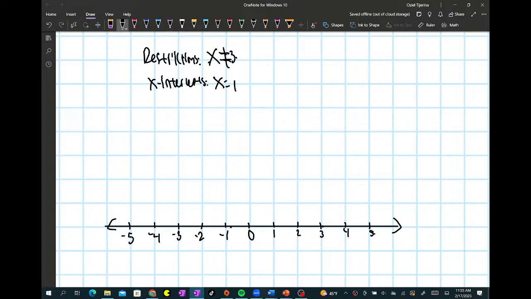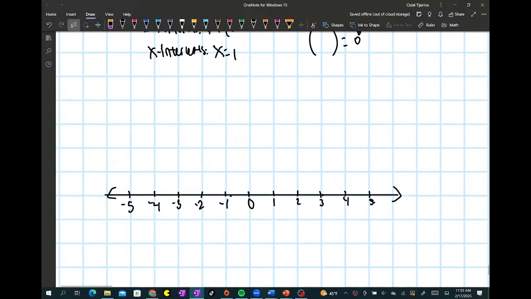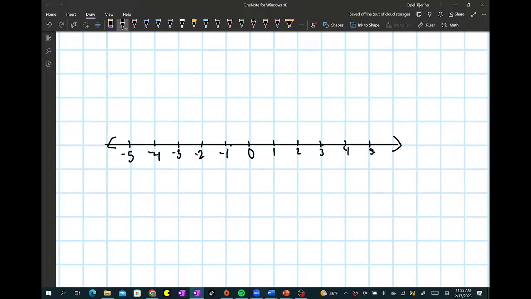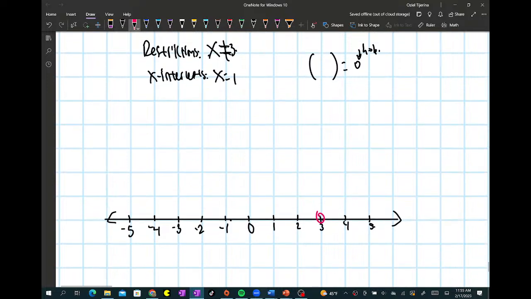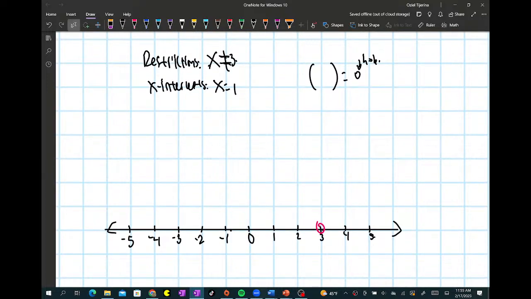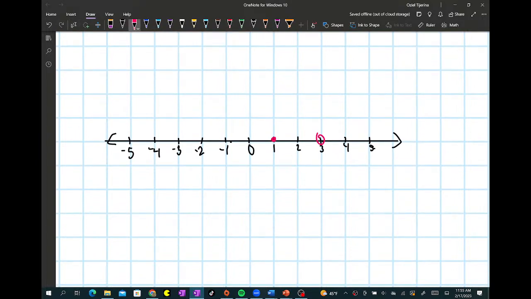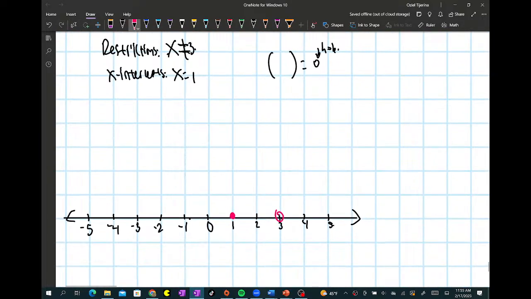Now, obviously, when a number is not included in the interval, there's a parenthesis there, meaning that there's a hole, or like an open circle, right? So at x equals 3, there's going to be an open circle here. And the x-intercept, like I said, is only x equals 1. So I'm going to put a closed dot here because a closed dot represents this.